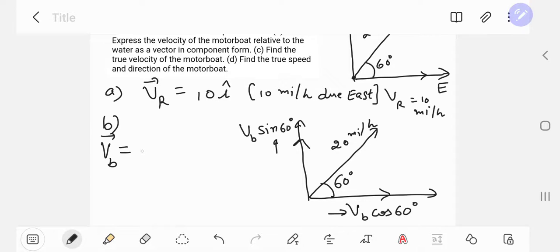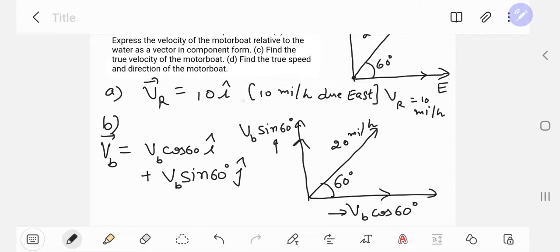So the x-axis component is vb cos 60 i cap, because that is along the x-axis, plus vb sin 60, which is along the y-axis, so that is j cap. That is how you can write down the components, and when you plug in the values you will get the numbers.